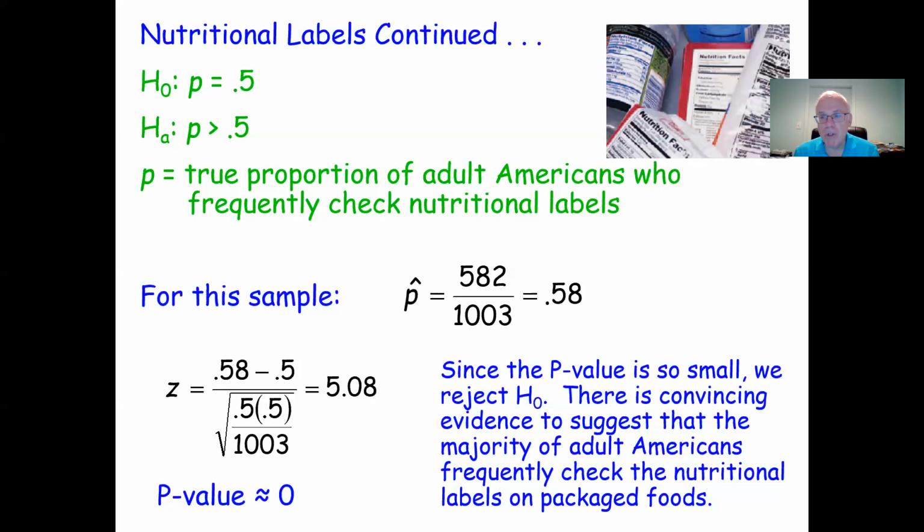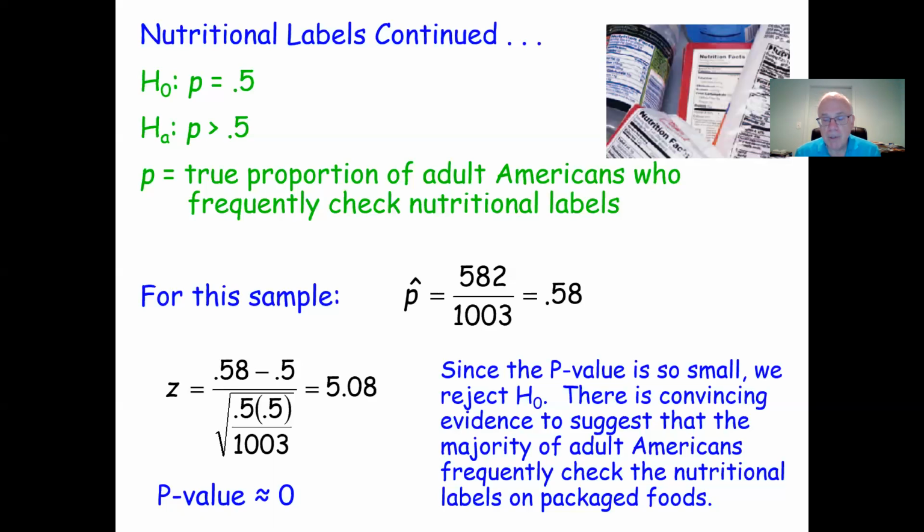That's bigger than what you consider to be an acceptable type 1 error. In that case, you're going to say, I'm kind of hesitant here. I don't think I have enough evidence from the sample data to reject the null hypothesis. I'm going to leave it alone. I'm going to say not enough evidence, because it's very possible, since the p-value is bigger than alpha, that this is just normal variation that I'm seeing in these sample results. Normal variation when the null hypothesis is true.